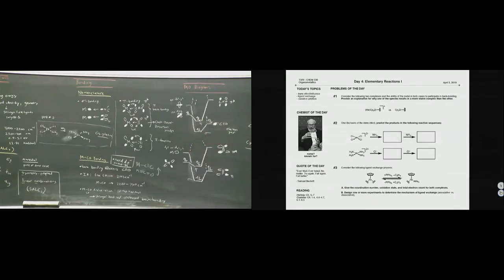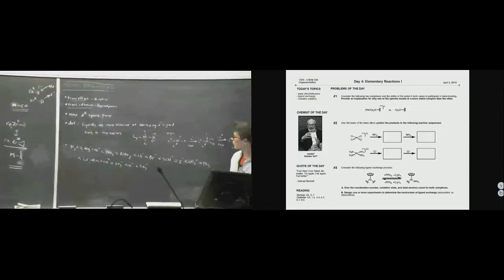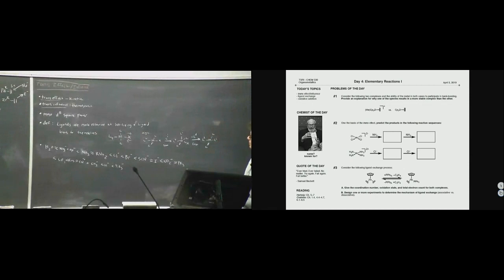And so the origin of the trans effect has to do with the mechanism of ligand exchange, what we're going to talk about next, and the fact that typically d8 square planar complexes have 16 or fewer electrons, and thus are able to engage in what we call associative ligand exchange, where they can first form an interaction with an incoming ligand, and that gives you a trigonal bipyramidal intermediate.